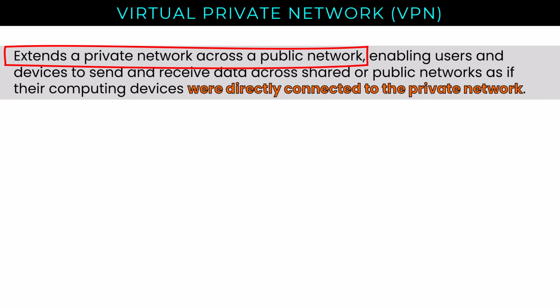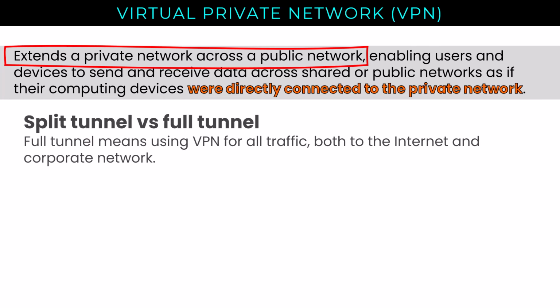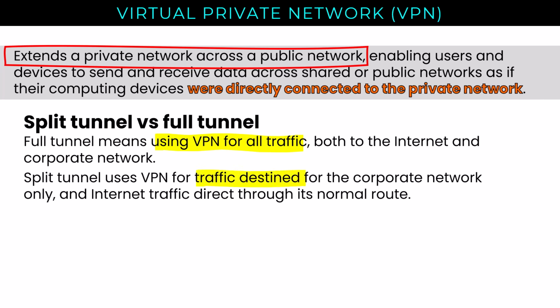So in that client scenario, with a remote worker, for example, we often encounter the concept of a split tunnel or a full tunnel. Full tunnel means using the VPN for all traffic, both to the internet and the corporate network. Split tunnel uses VPN for traffic destined for the corporate network only and internet traffic direct through its normal route.